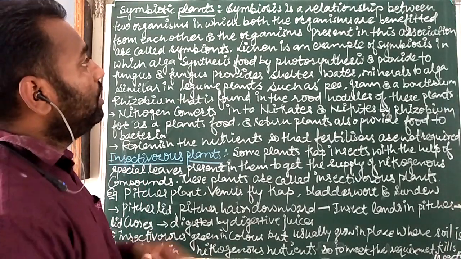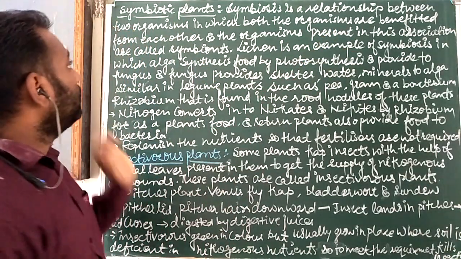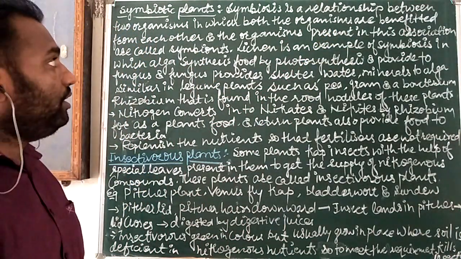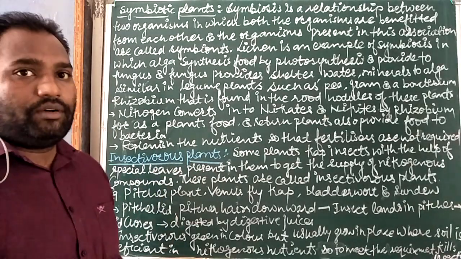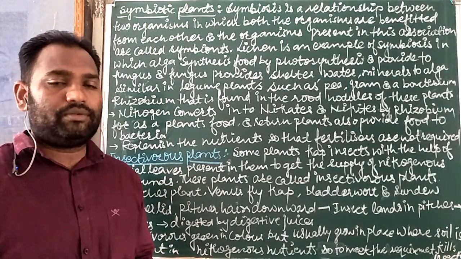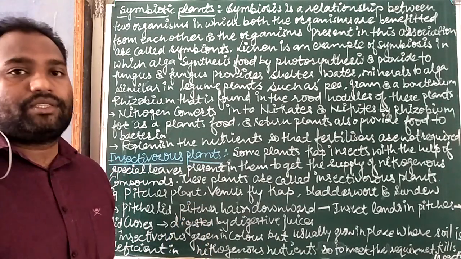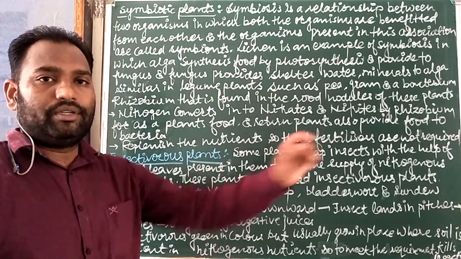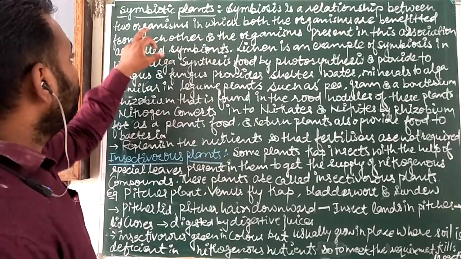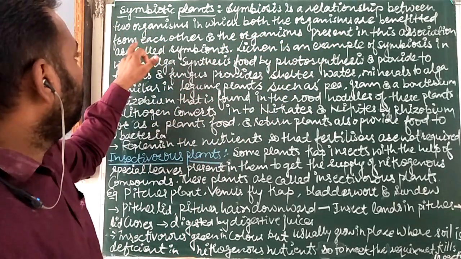So symbiosis is a relationship between two organisms. Like friends, they give things to each other for their conditions and unfavorable times. Two organisms in which both are benefited from each other.